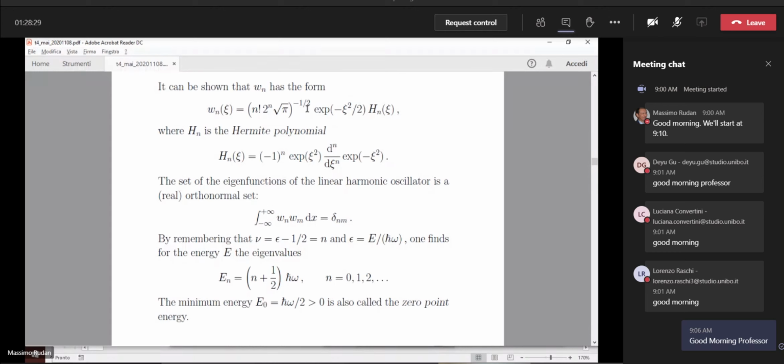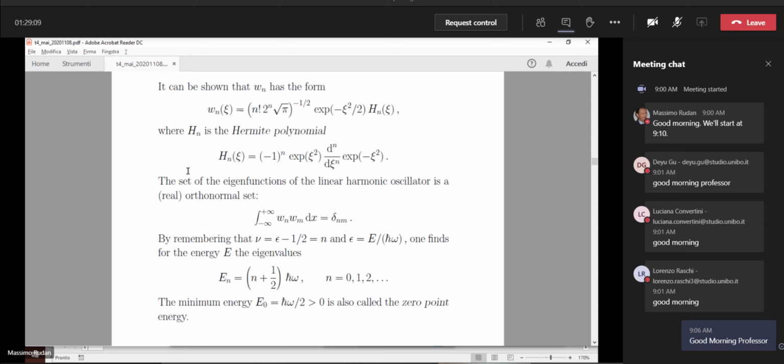So we are still left with the Gaussian as a multiplying factor. And then when we go on with the index of the eigenfunction, we find that this is multiplied by a polynomial that is called capital Hn, and this polynomial is called the Hermite polynomial, okay? So the Hermite polynomial is one of the factors of the eigenfunctions of the linear harmonic oscillator, and then there is the normalization coefficient in front of it, okay?